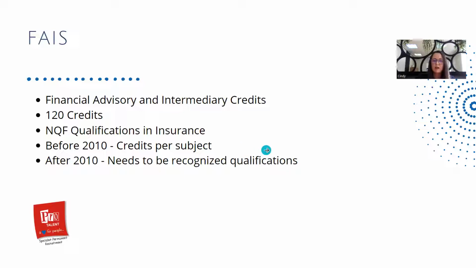It's sort of like a fake qualification if it's not a recognized one. So always make sure that it's got a SAQA ID and an NQF level. That is the first requirement, to get your FAIS credit, your FAIS exam.